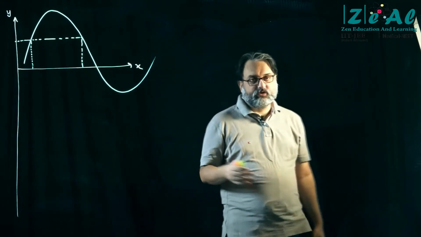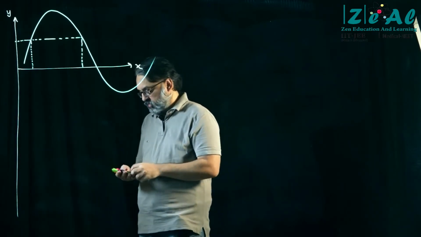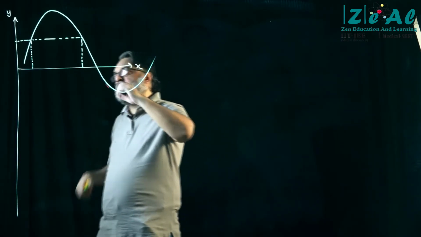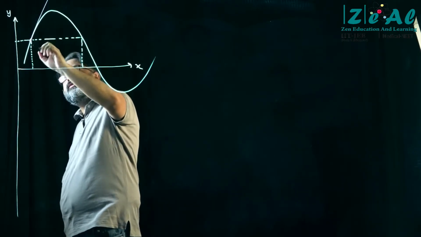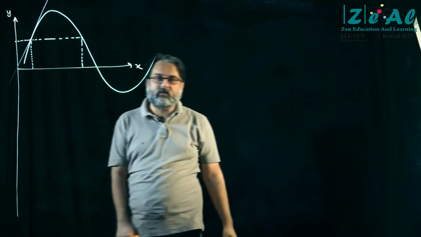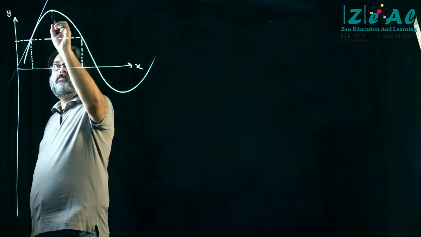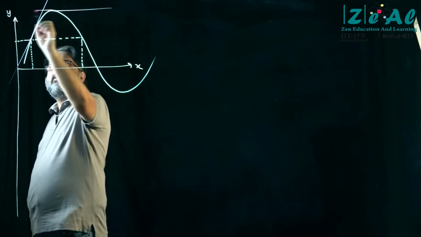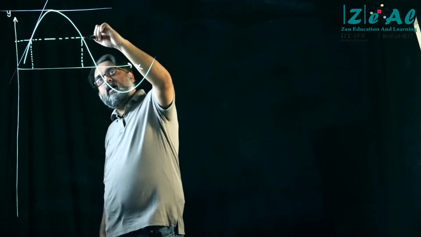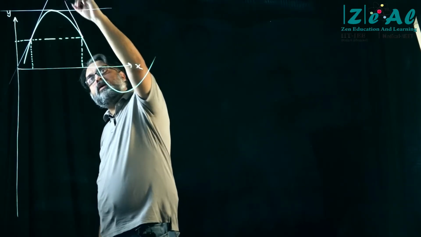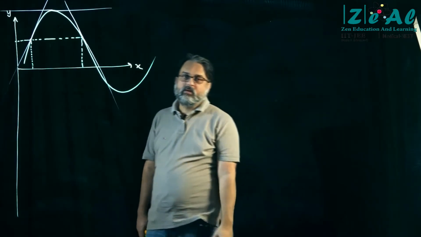Another piece of information, right, is the slope of the graph. We have been having discussions about this. So the slope of the graph at this point will be the slope of the tangent of the graph at this point.